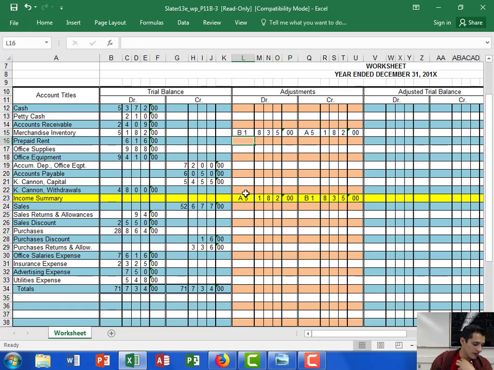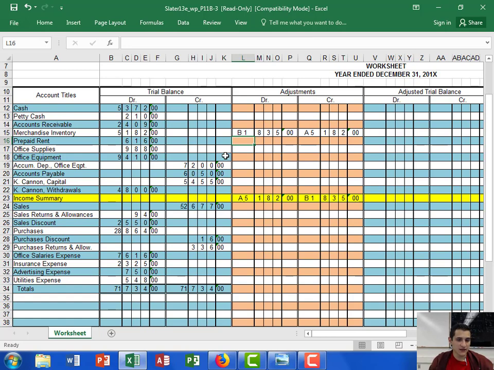Now, the other adjustments you're going to be dealing with here are some of the stuff that we've already done before in the beginning of this class. The next one is going to be office supplies used up for $210. Initially, they would say office supplies on hand, meaning how much you had left.